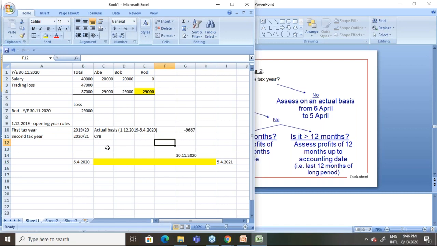And then again, in the next tax year, we have to take the full amount, 29,000. So if you take 29,000 here, this 9,667 is already included. Therefore, this will result in an overlap profit of 9,667. That means on the same profit of 9,667, you are paying taxes twice.